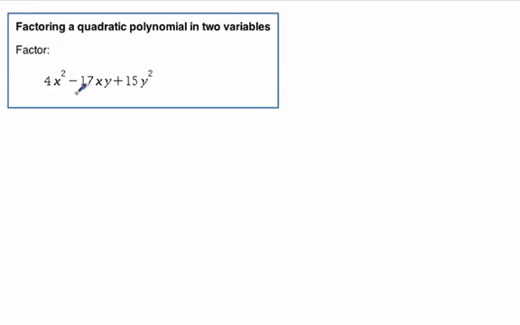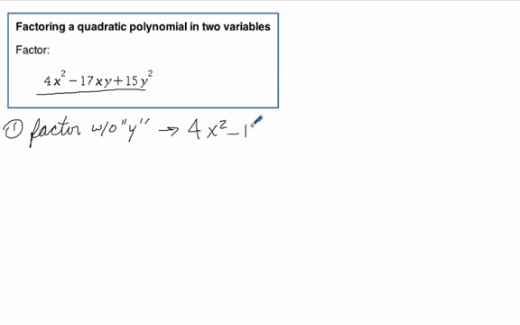So what we've got is 4x squared minus 17xy plus 15y squared. Keep in mind that our first step is to factor without the y, right? So that means we're going to factor the 4x squared minus 17x plus 15.